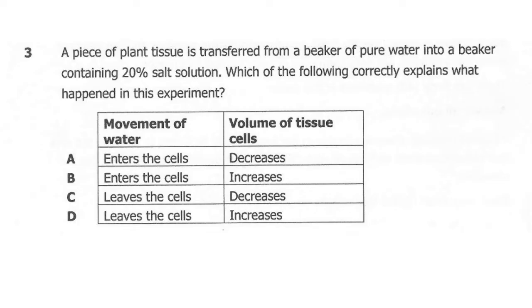So A, movement of water enters the cells, volume of tissue cell decreases. B, movement of water enters the cells, volume of tissue cells decrease. C, movement of water leaves the cells, volume of tissue cells decreases. D, movement of water leaves the cells, volume of cells increases. So what is the correct answer?